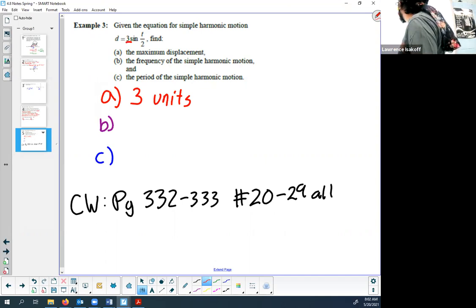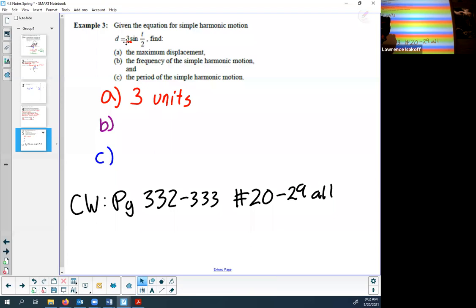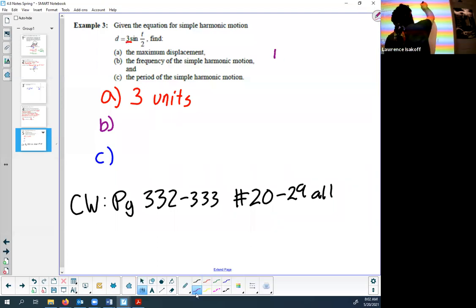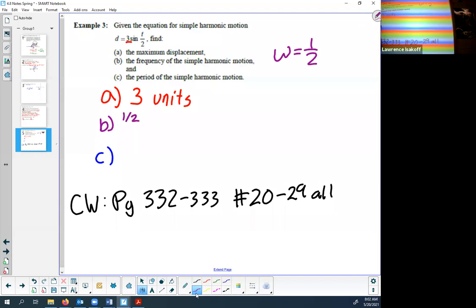tell the frequency of the harmonic motion. So remember, frequency is w divided by 2 pi. So my w is 1/2. So that's going to be 1/2 divided by 2 pi.